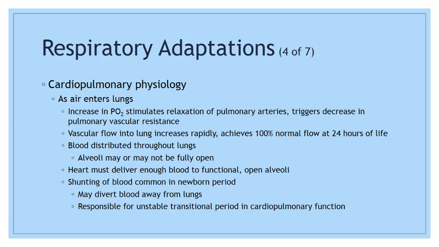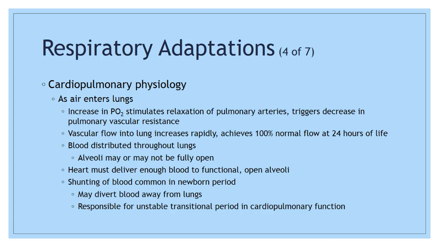So what's the physiology of this all? From a cardiopulmonary standpoint, we'll just run through this quickly. As air enters the lungs, there is an increase of PO2, and that stimulates a relaxation of the pulmonary arteries.